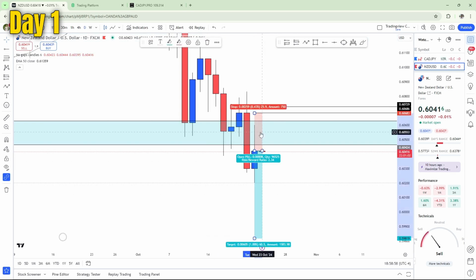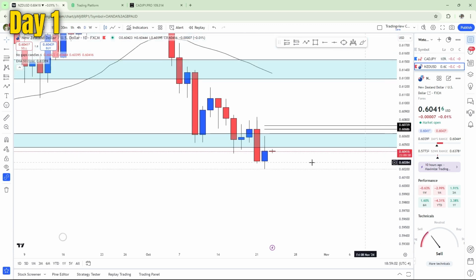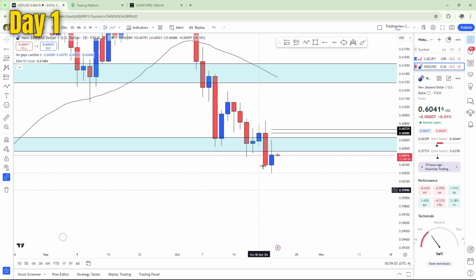So let's get this out of here for now. With this candle coming up, the one that just started, I don't want to see price come up and take me out, right? Let's say it comes all the way up here, takes me out, but then ends up dropping.